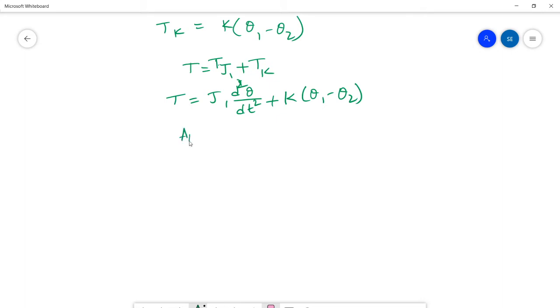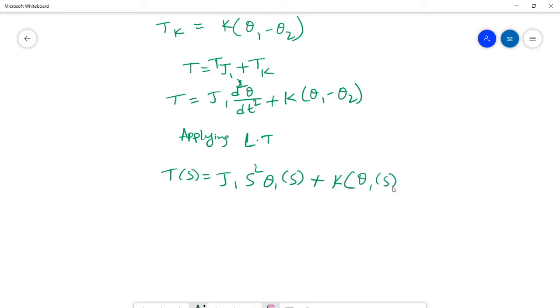Applying Laplace transform, what we get is T of s is equal to J1 s square theta 1 of s plus K into theta 1 of s minus theta 2 of s, right?